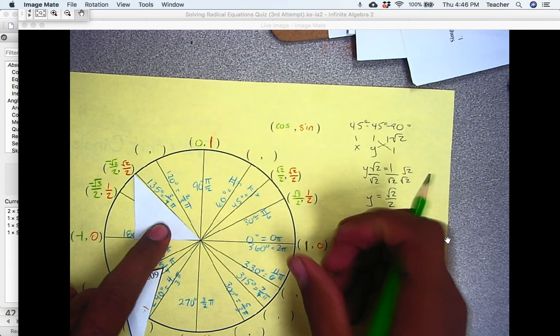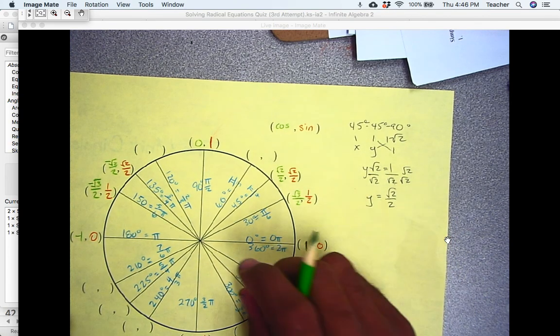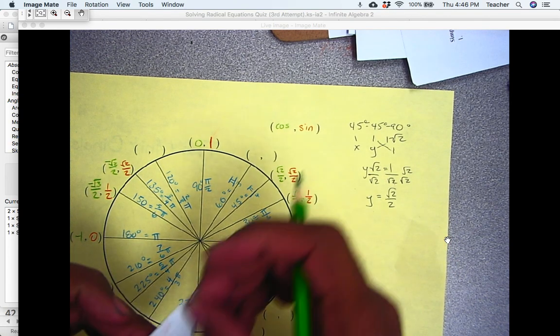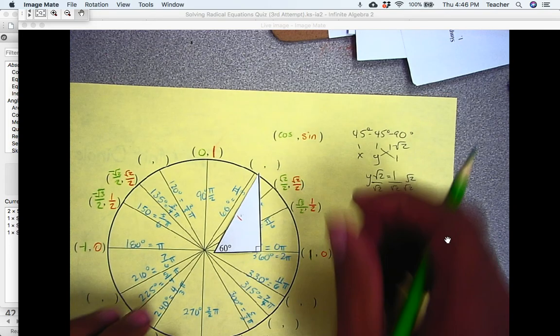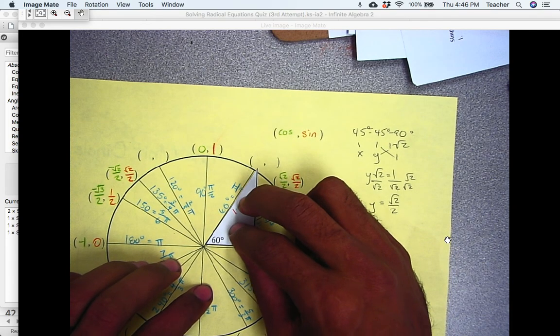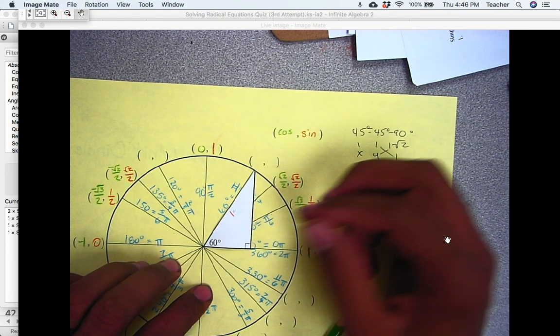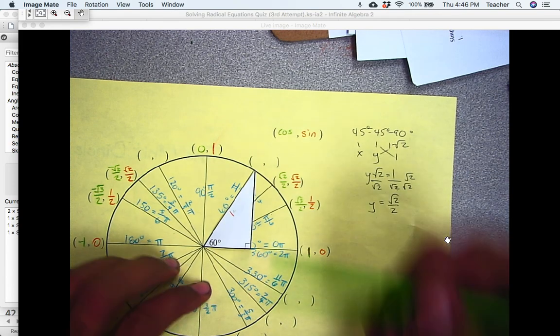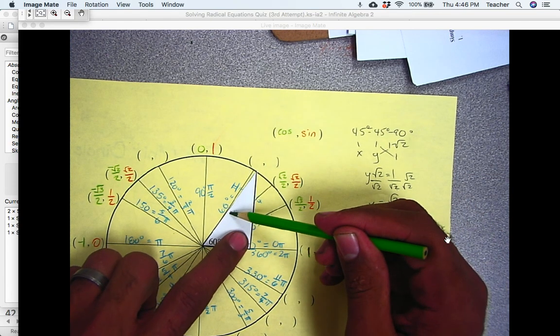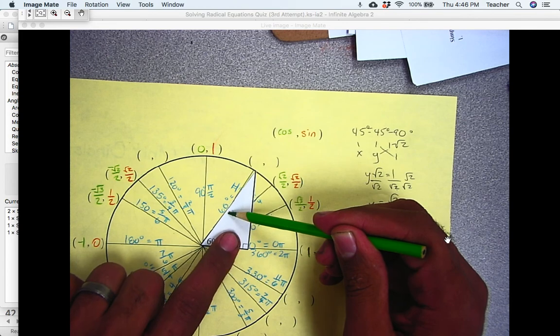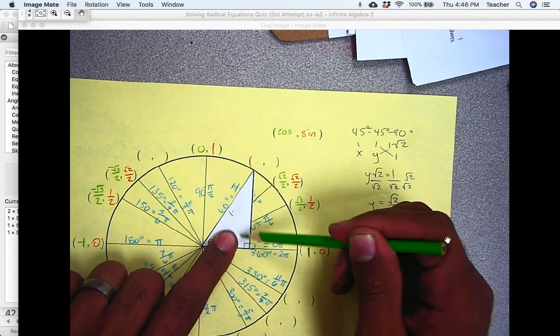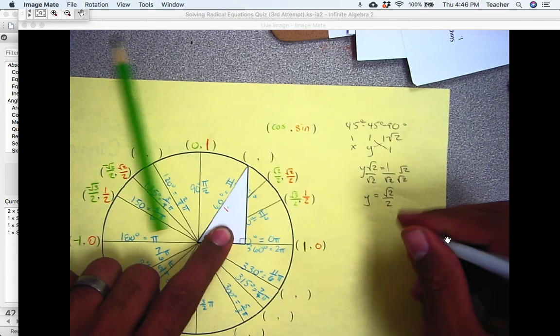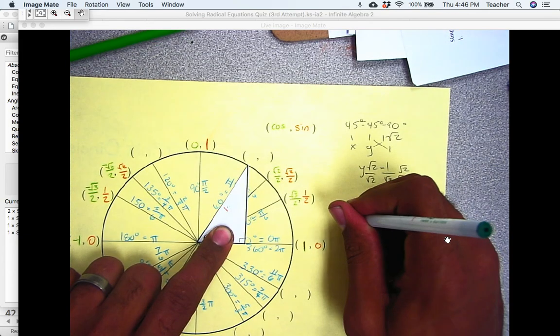All right, so let's check out one more side, and I'll have you guys do the rest. Now here, you're going to use the triangle that says 60 degrees on it. And again, this side is 1. I know the side that's across from 90. So let's set up our ratio for the 30, 60, 90 triangle.